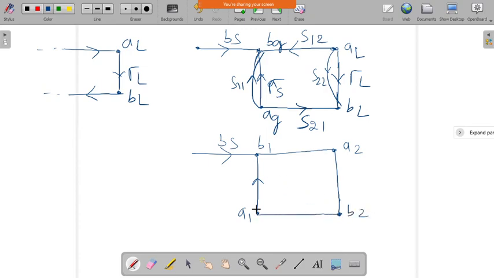So from A1 to B1 we have S11 as well as the source side gamma S, and similarly gamma L, and we have S22, the port 2 reflection from the same port. The signal flowing from 2 to 1 is S12, and 1 to 2 is S21. So that is the signal flow graph for the 2-port network.